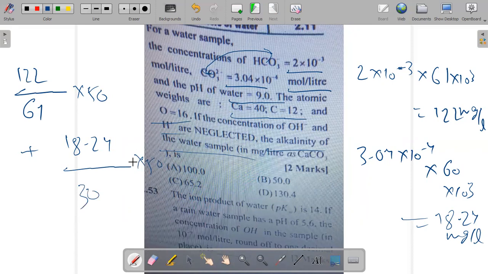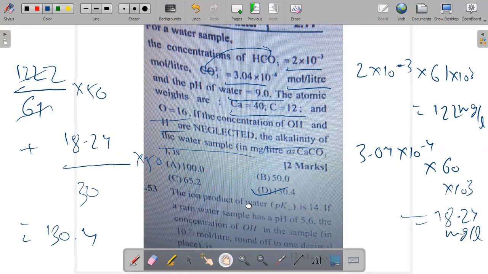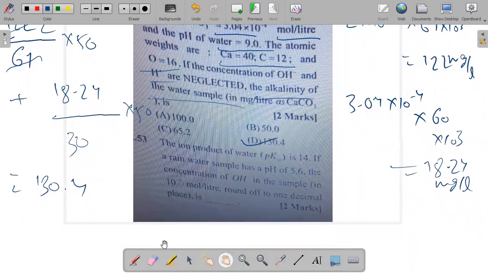Let's calculate all these values. 122 divided by 61 we will get obviously a value of 2, and 18.24 divided by 30 will get a value of 0.608 multiplied with 50, plus 100. So we'll get a value of 135.4. So yeah, our option D is the correct answer. Okay, so this is how we solve this question. This is a 2 marks question.